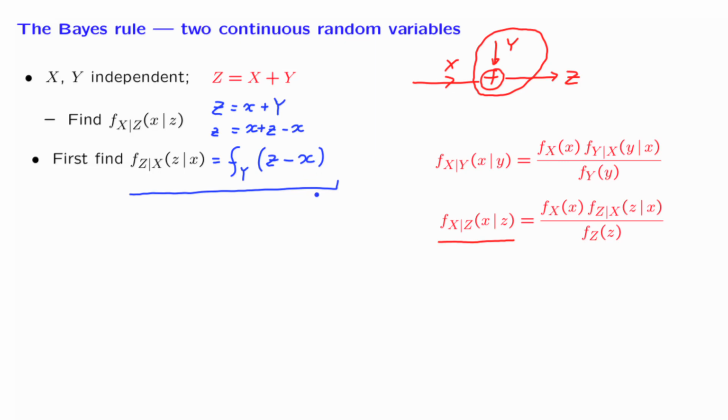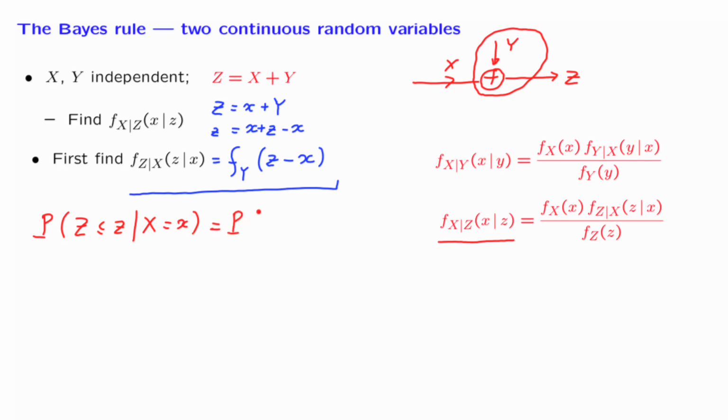This time we will give an argument that relies on CDFs. And here's how it goes. We will first find the cumulative distribution function of z conditioned on x. That is, we will attempt to calculate this conditional probability. And then, since this is a conditional CDF, we will then take derivatives to find the conditional PDF.